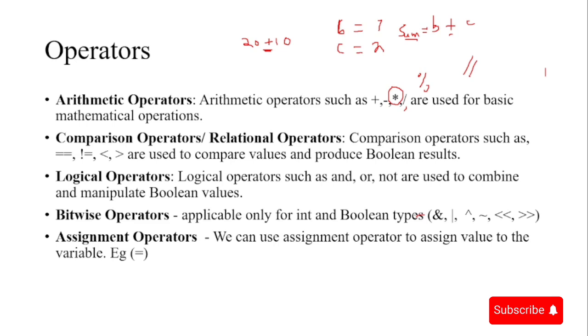Next we have comparison or relational operators. Comparison or relational operators include the double equal signs, an exclamation mark and an equal sign, a less than sign, a greater than sign, a greater than or equal to sign, and a less than or equal to sign.